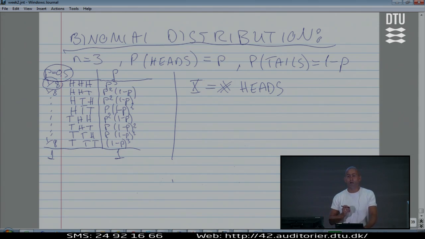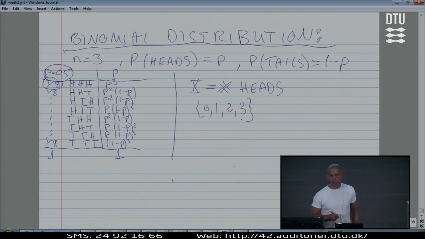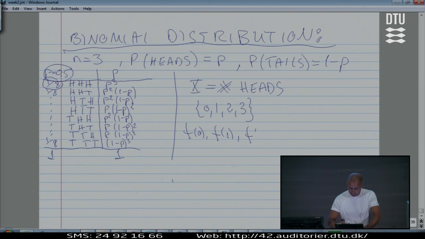What are the possible outcomes for this random variable? It has the following 4 possible outcomes: there could be no heads, there could be 1, there could be 2, there could be 3. To control this system and know all the probabilities, we need to find out what is f of 0, f of 1, f of 2, f of 3.